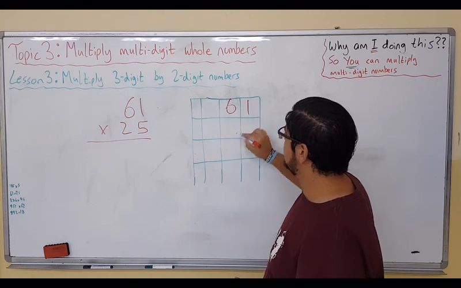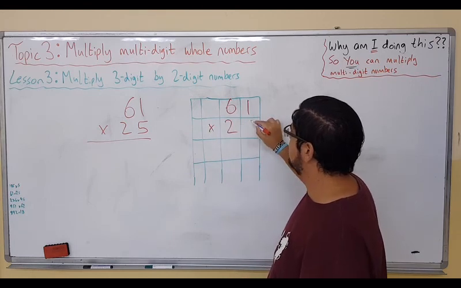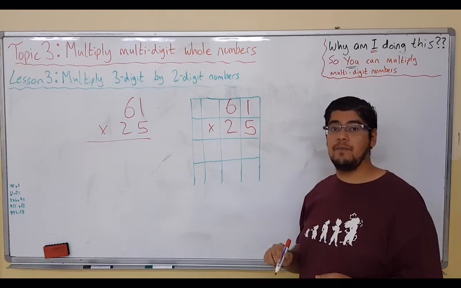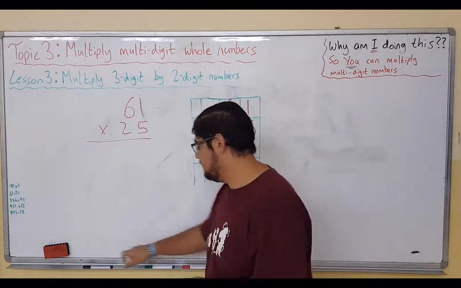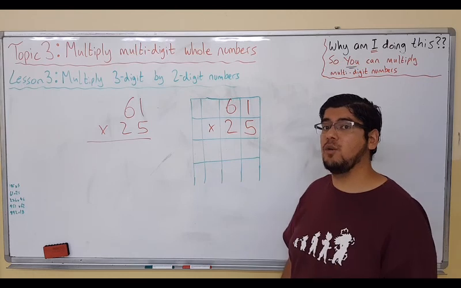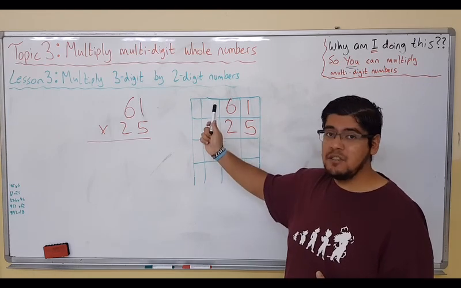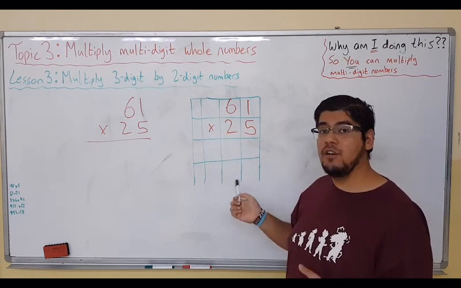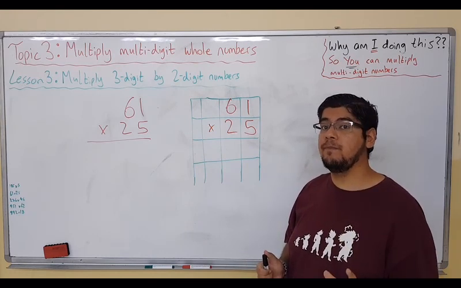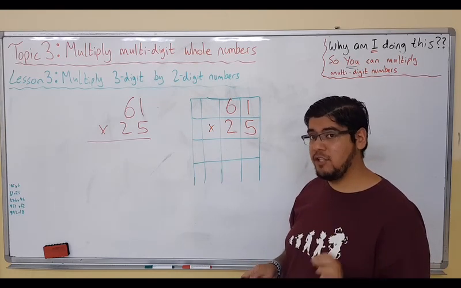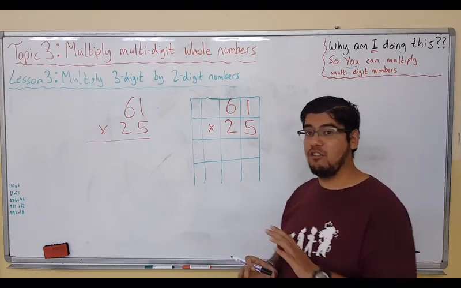Now, 61 multiplied by 25. Okay? Now we're gonna have plenty of space to do this. And guys, for the rest of the questions that we do on 3-digit by 2-digit, I'm gonna draw a grid and everything, and I strongly recommend that you do too. Okay? So that way you're gonna make sure you're adding things in the correct way.